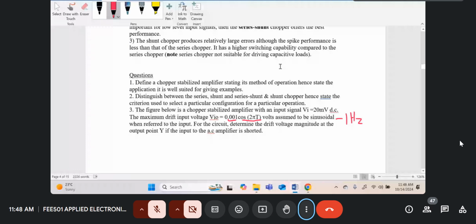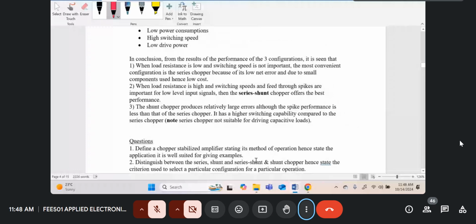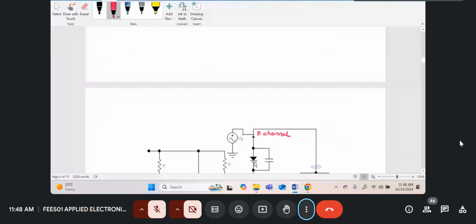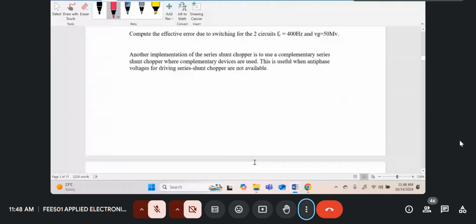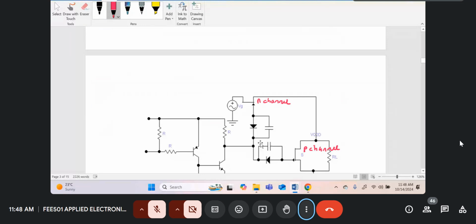Which capacitance do you have in the circuit? I'll show you here. Like in this diagram over here, the capacitances are just to aid the switching off and on of the FET because of the gate charge.